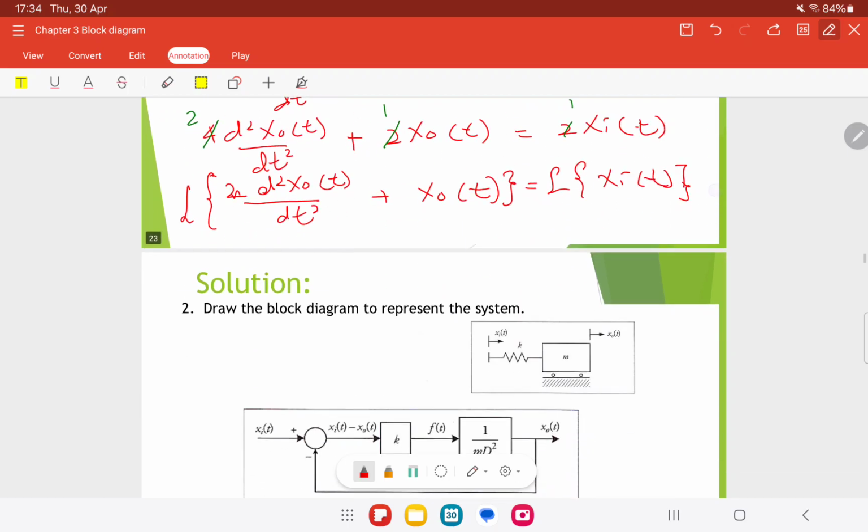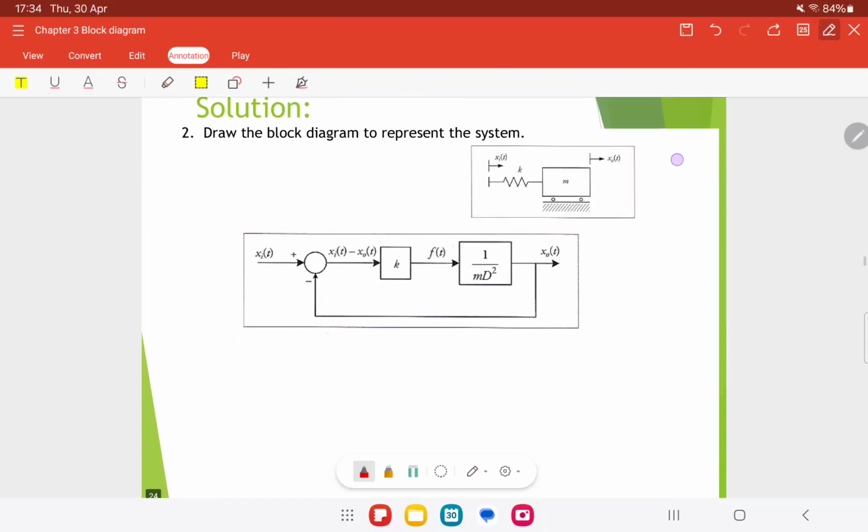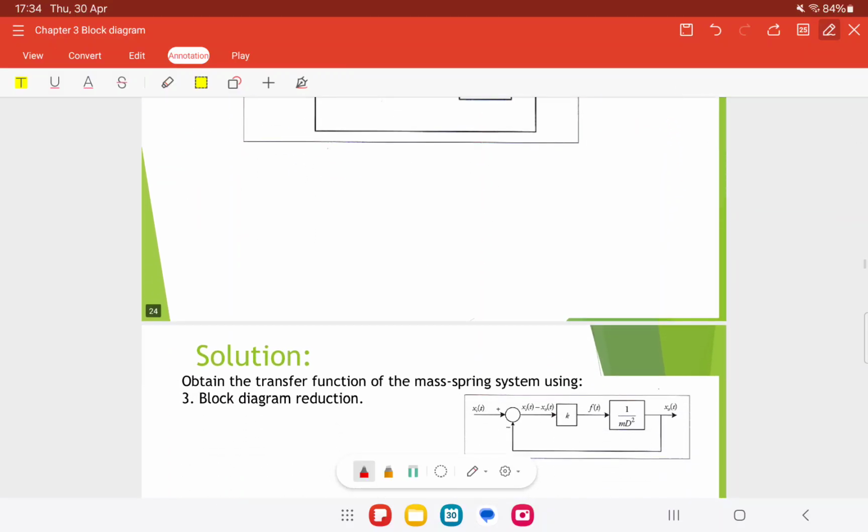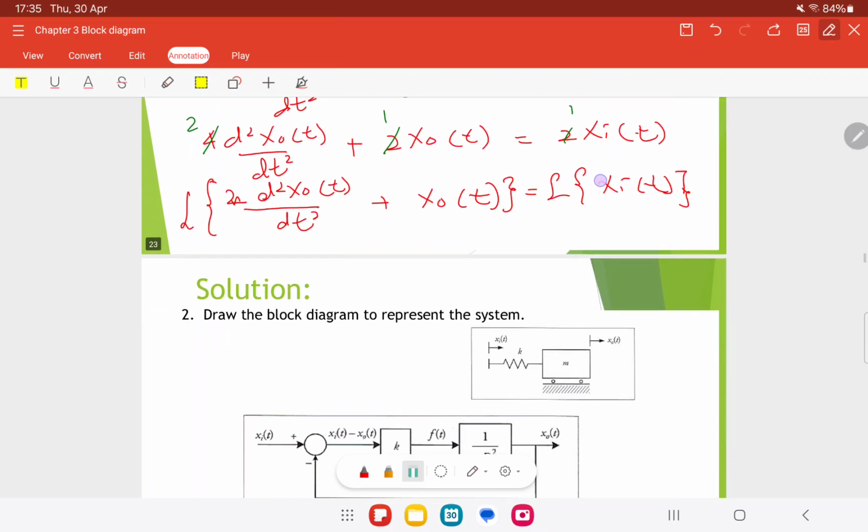Okay, so next, let me write down here. We obtain the Laplace for both sides, so m s square x naught(s) plus k, and m will be 2, so we just substitute straight away from this one.